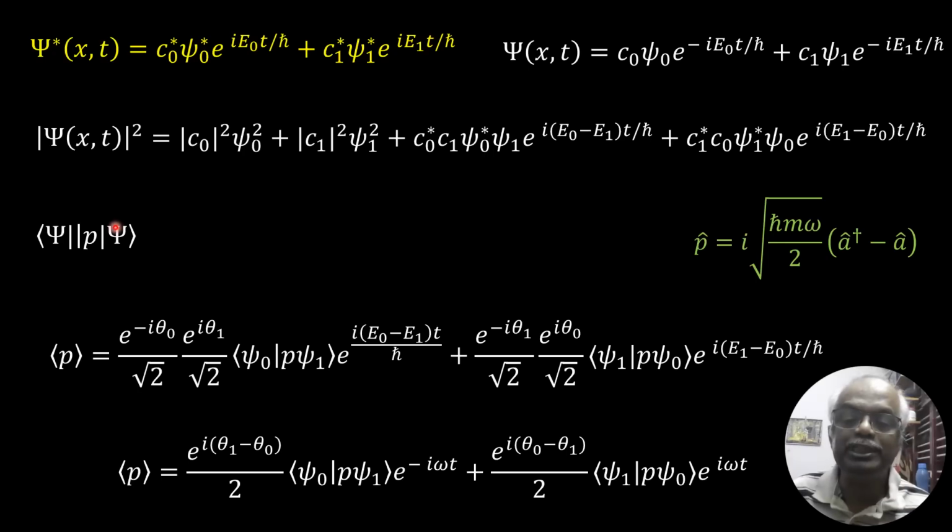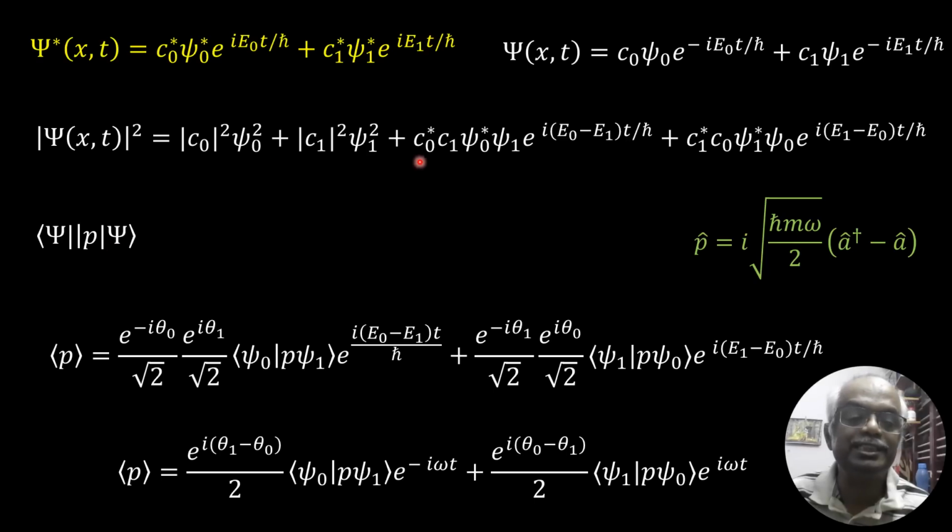Now, our aim is to find the expectation value of momentum. By definition, the expectation value of momentum is ⟨Ψ|p|Ψ⟩, bra Ψ, p, ket Ψ.